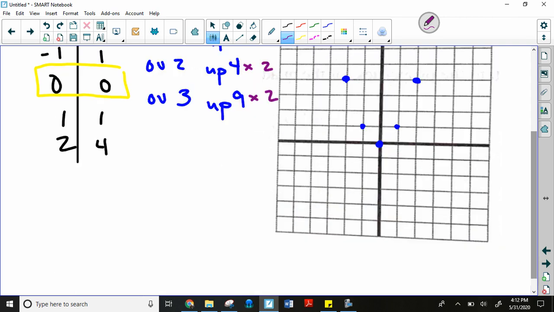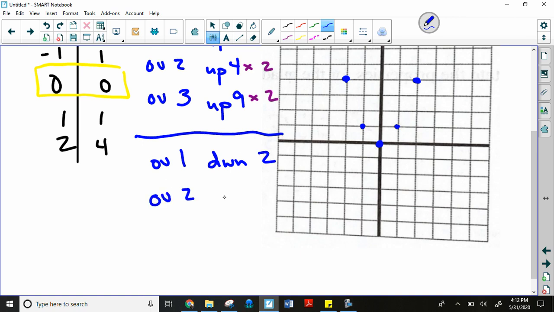So our new step pattern from the vertex that we know would be over 1, down 2, over 2, down 8, over 3, down 18. So that's our new step pattern from the vertex.